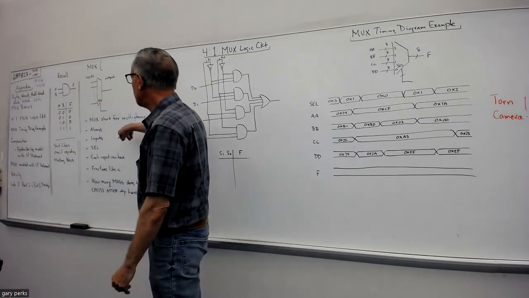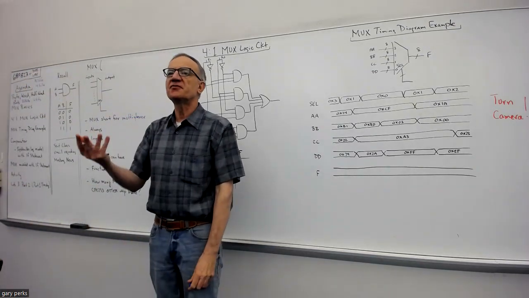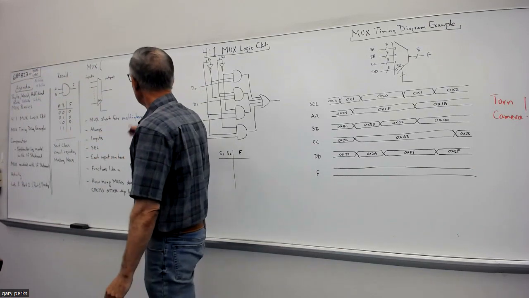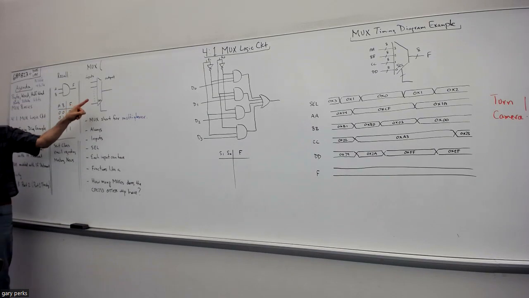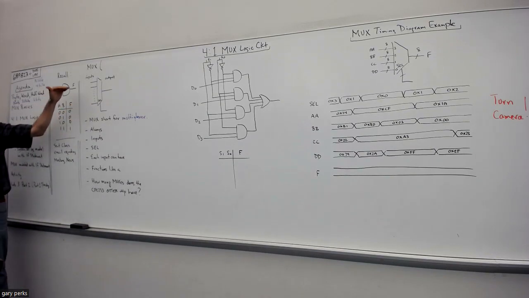Like I said just a moment ago, MUX is short for multiplexer. And this is the symbol for a MUX. A MUX always has multiple inputs. That's why I drew a couple of lines here, and then I put these dots, because you could have 2 inputs to your MUX, or you could have 4, or 8, or 16.